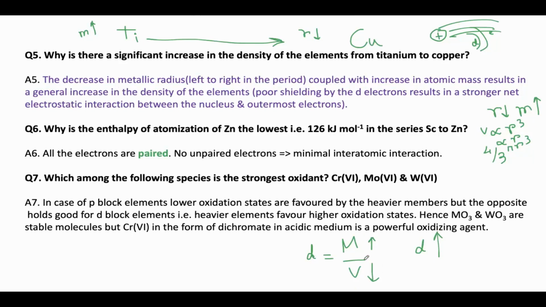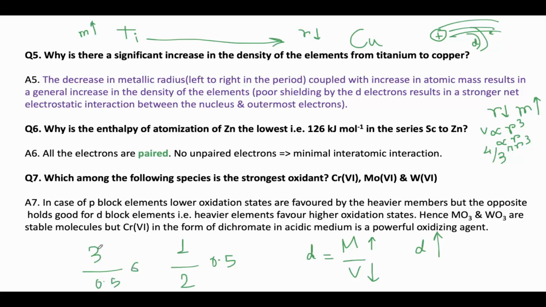I can tell you with a specific example. Suppose we have mass as 1 and volume as 2, which is equal to 0.5. Now, if we increase mass by 2 units, it is 3, and decrease volume by 1.5 units, we get 3 divided by 0.5, which is equal to 6.